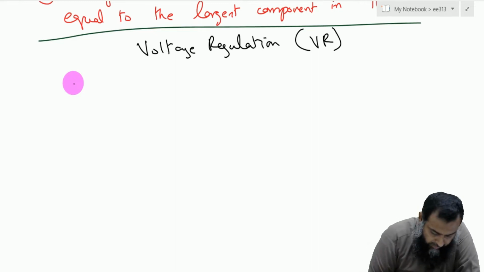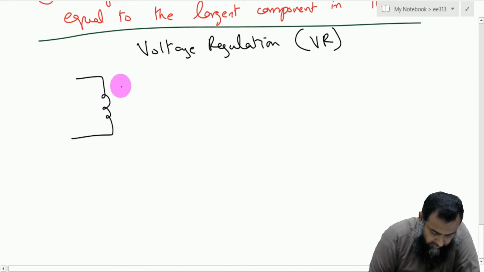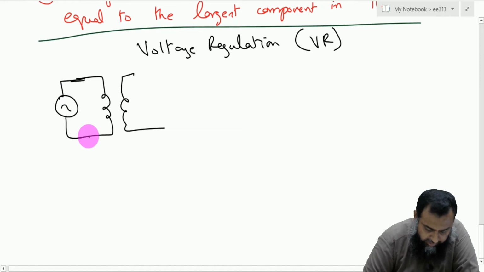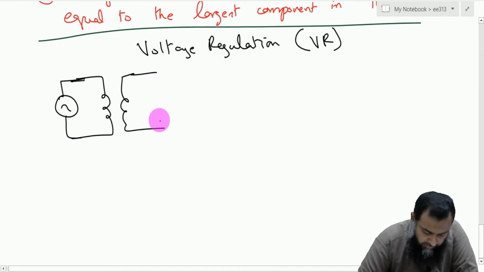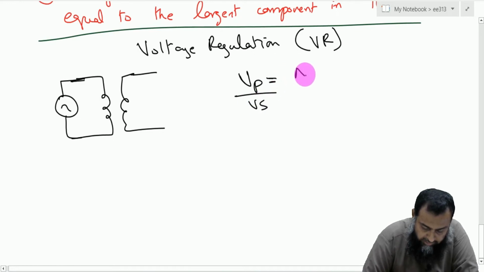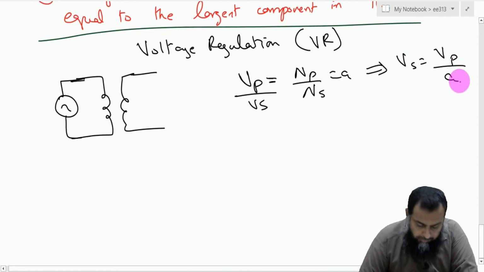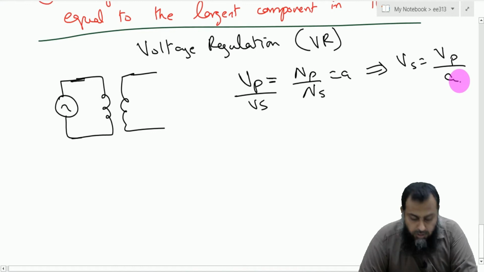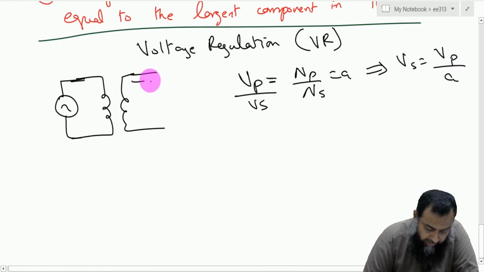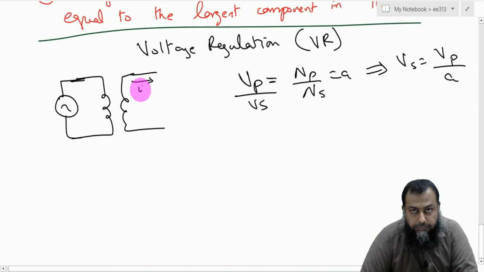So for example, I have this given system. Here we have the secondary side open circuited, and therefore we can say that Vp over Vs is equal to Np over Ns is equal to a, and therefore this Vs is equal to Vp over a, because there is nothing connected. So there is no current flowing into or out of the transformer.